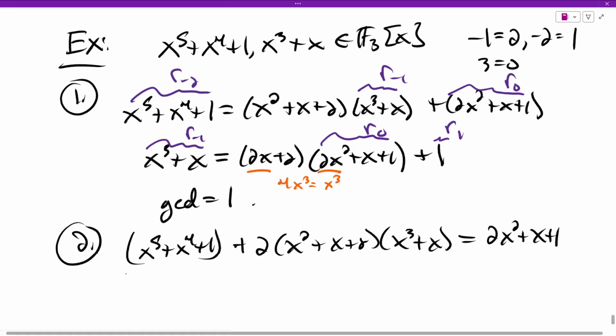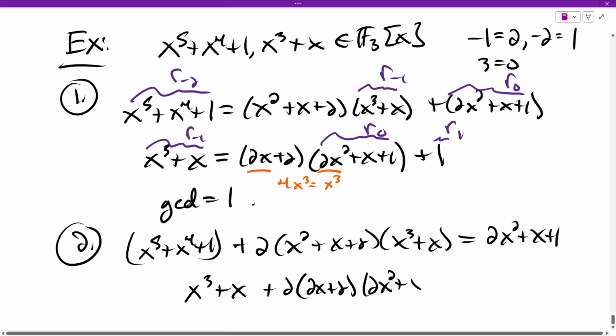And we'll take our other equation and solve for r1. So we have x cubed plus x, and then we add twice it over, and that's equal to 1.